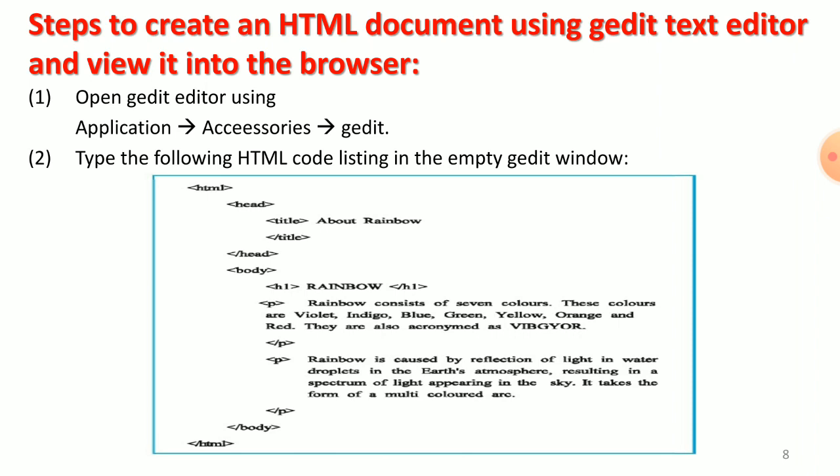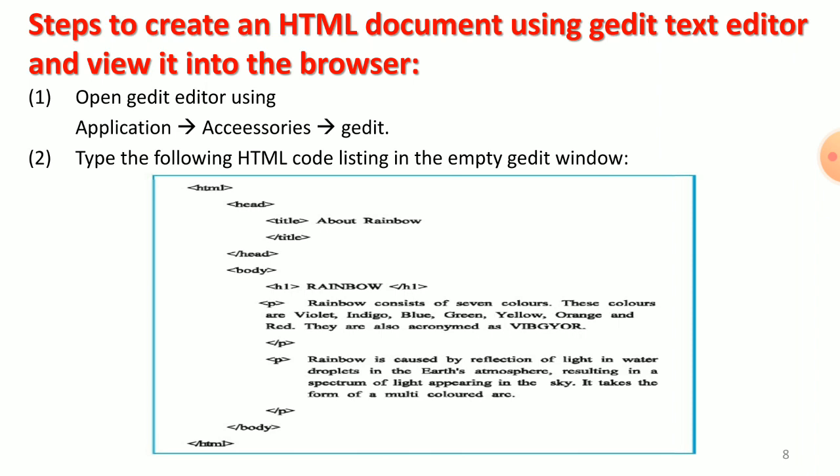Next step, second number, type the following HTML code listing in the empty gedit window. You can type all the HTML code in the gedit text editor, and after that save the file as p1.html.